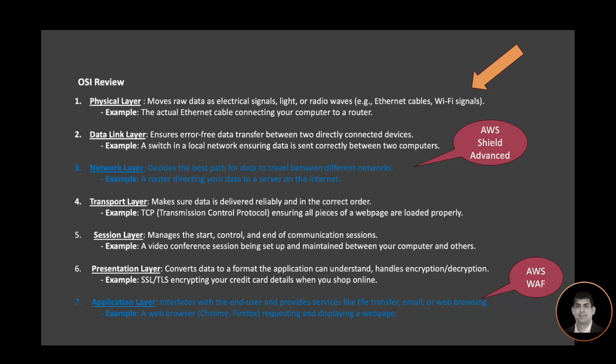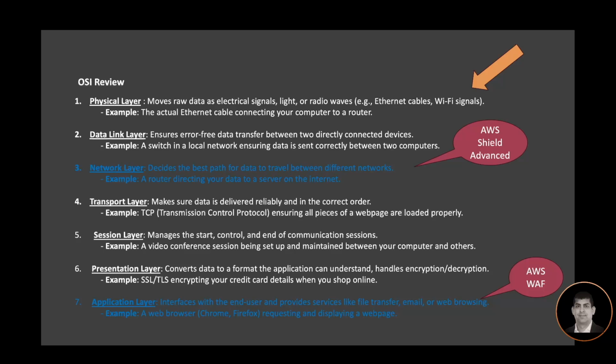Since we're talking about layer 7 and layer 3, I thought I would provide a quick review of the OSI layers. I'm sure that if you are in the computer engineering field, you probably remember the OSI layers from your engineering classes. There are 7 layers starting from the physical layer all the way to the application layer.